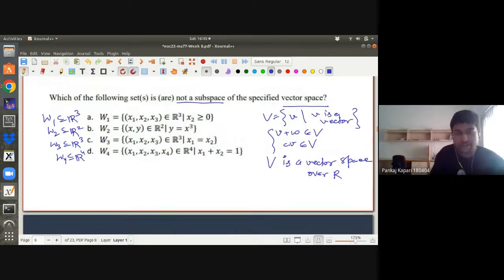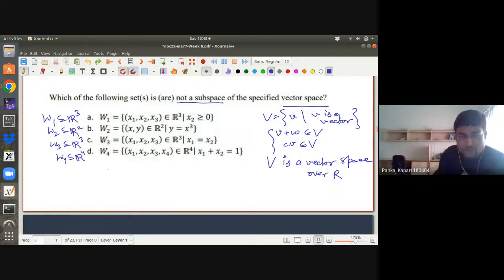You can see that W1 consists of those vectors where the second entry is non-negative, right? Is it a subspace? It cannot be a subspace. Why?